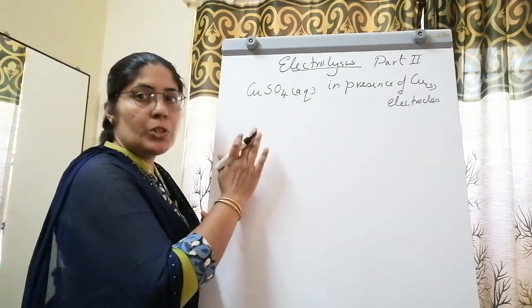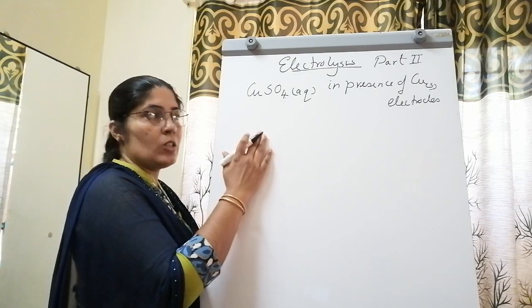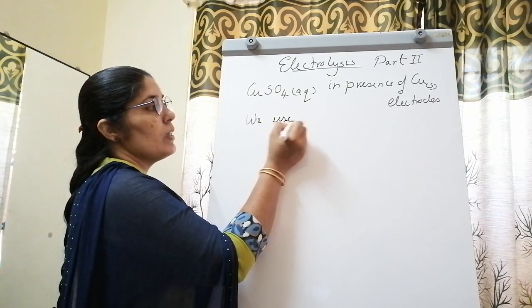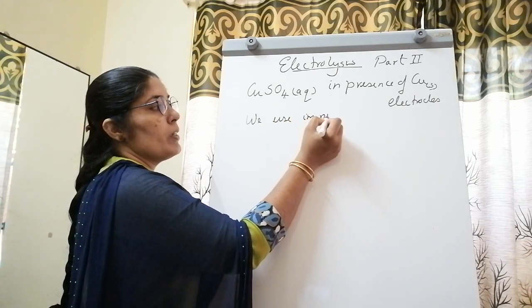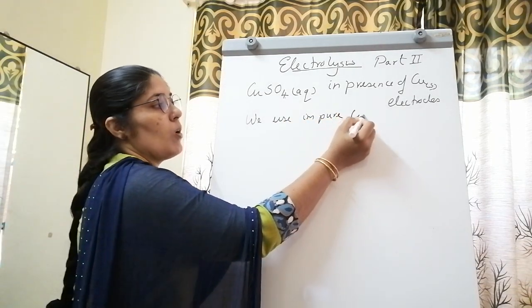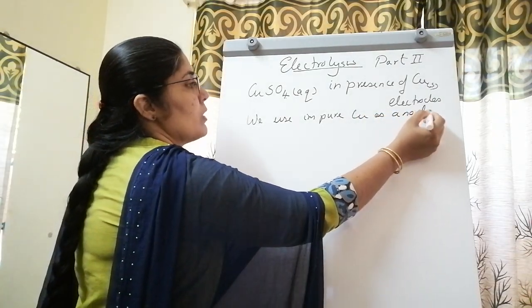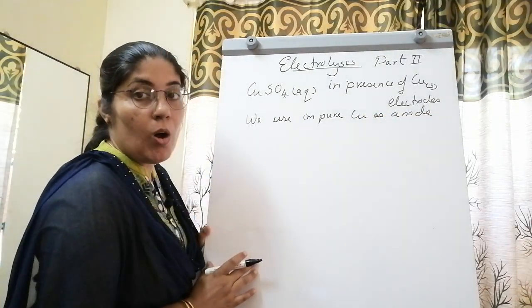Usually in this type of electrolysis, we use impure copper as the anode, because this method is used for the refining of copper metal.